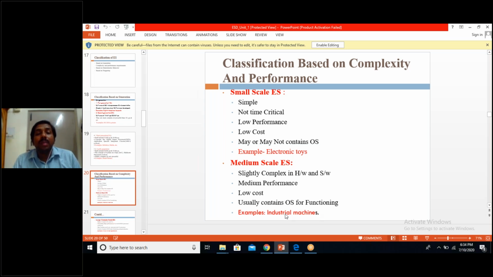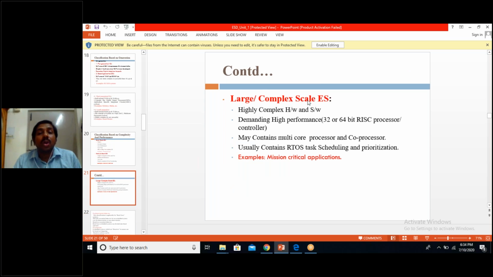In all industrial machines, we see these medium scale embedded systems. Coming to large or complex scale embedded systems, they have highly complex hardware and software. They demand high performance, 32 or 64-bit RISC processors.